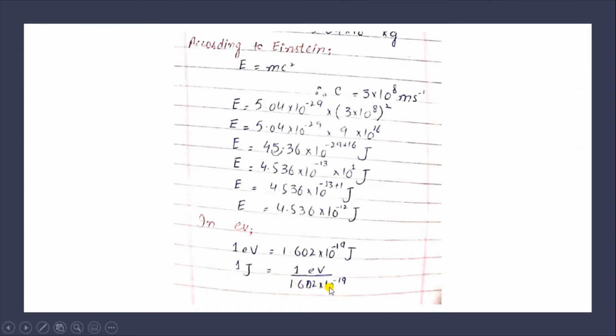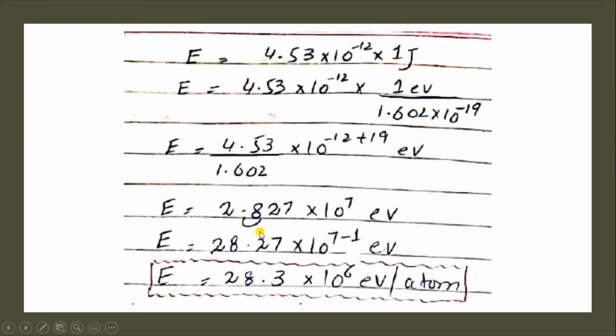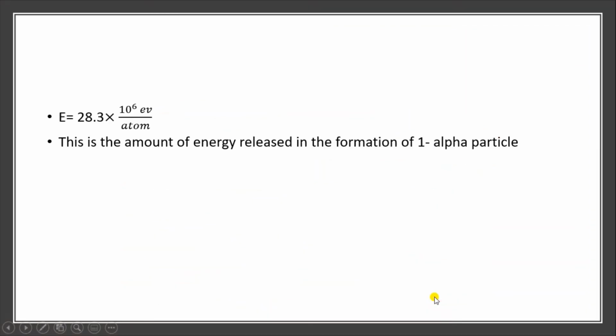So the energy 4.53 multiplied by 10 to the power minus 12, which we have already found in joule, will be multiplied by this term, and we will get the energy in electron volt, which will be 28.3 multiplied by 10 to the power 6 electron volt per atom. So this is the amount of energy released in the formation of one alpha particle.